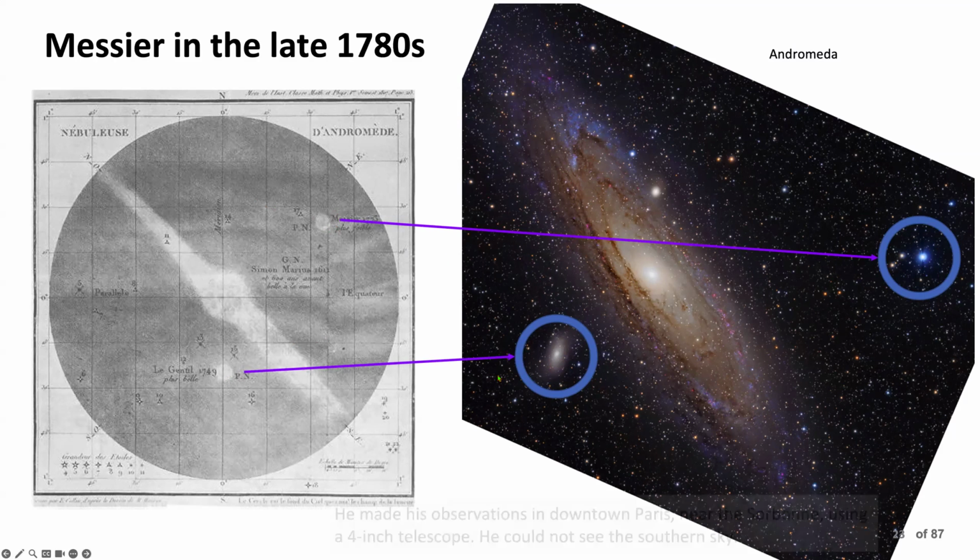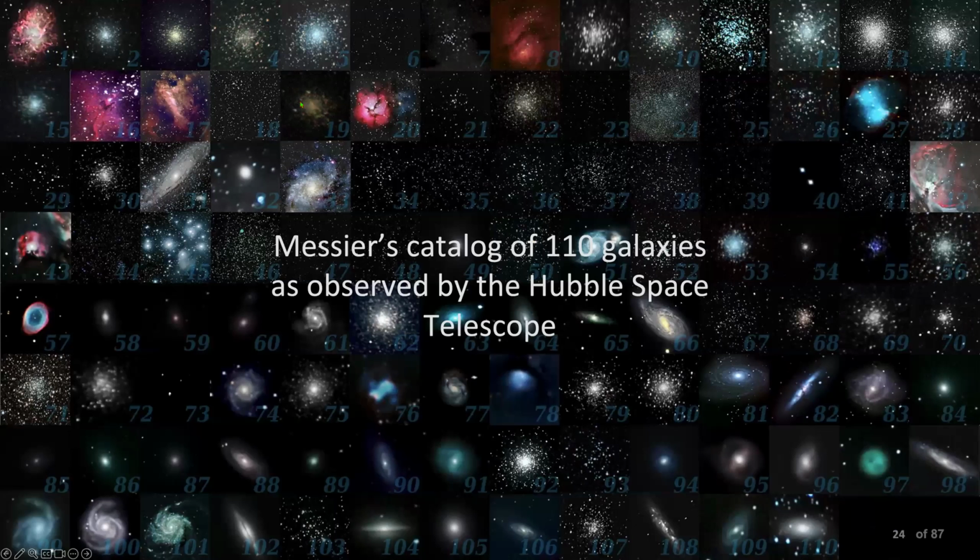And he, over a period of time, drew the best images he could of what he saw with his tiny telescope. This is called the Messier Catalog, and it includes 110 different lights in the sky we now call galaxies. And you'll see here, some are spirals, some are seen by the edge where we don't see the structure.